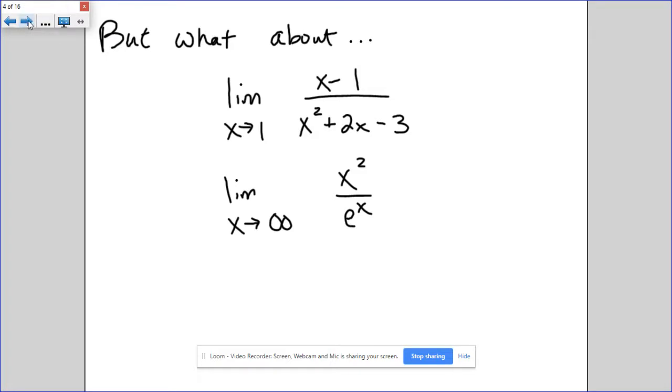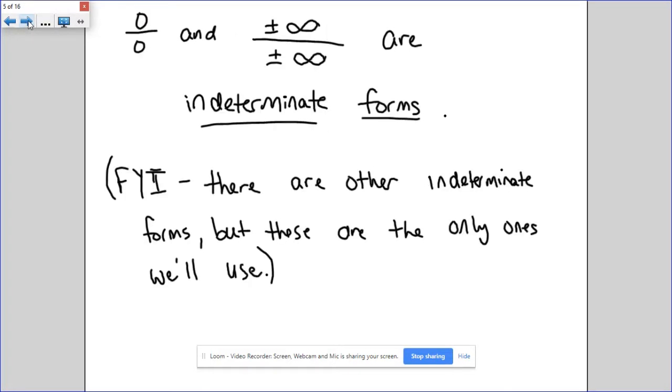And what both of those are called is actually indeterminate forms. So anytime you plug something in and you get 0 over 0, or you get any kind of infinity, positive or negative, over any kind of infinity, positive or negative, that's called an indeterminate form, meaning without doing something else, we cannot determine the limit in that form.